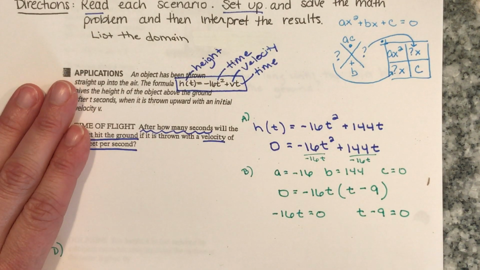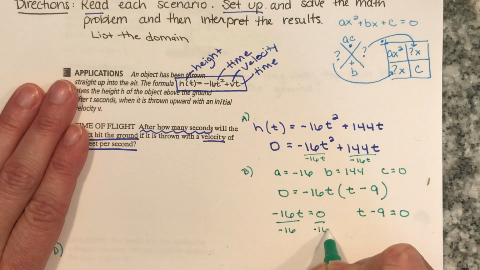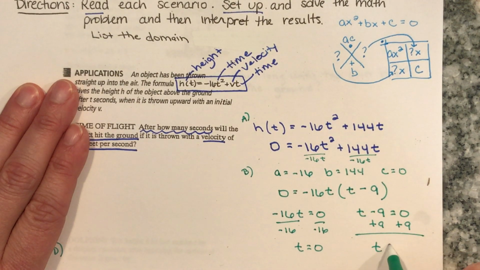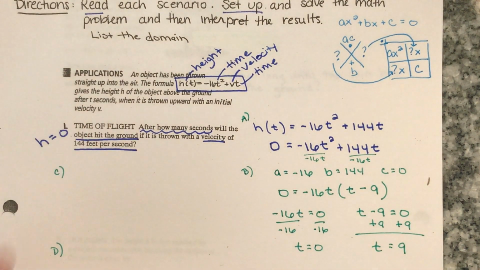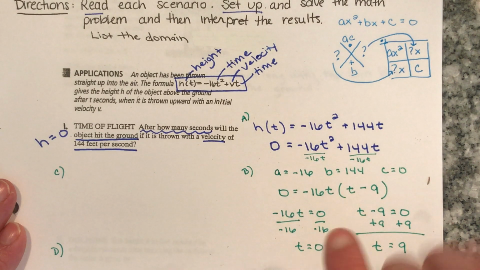So now we're working on solving 2 linears. So I have to get t by itself in both of them by undoing my order of operations, and end up with 2 answers. One of them, t is 0, and the other one, t is 9. Well, at time 0 seconds, technically the ball is on the ground because this is where it starts, and it's starting on the ground.